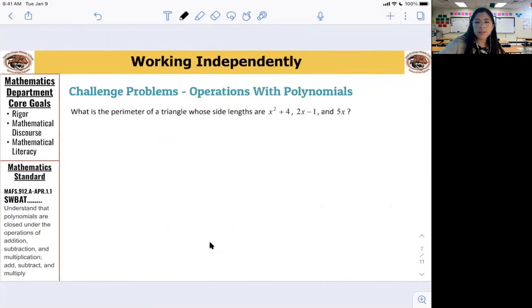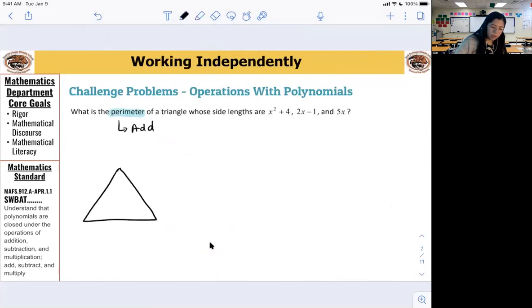All right. Here's an interesting one. What is the perimeter of a triangle whose side lengths are x squared plus 4, 2x minus 1, and 5x? What's perimeter again? We add. So if I draw this out, the side lengths, it doesn't matter which one's which, are x squared plus 4, 2x minus 1, and 5x.